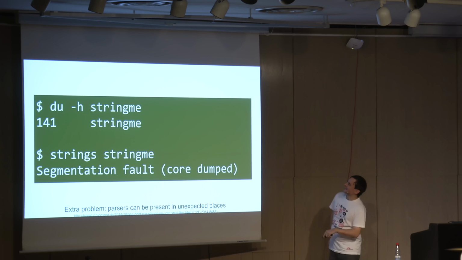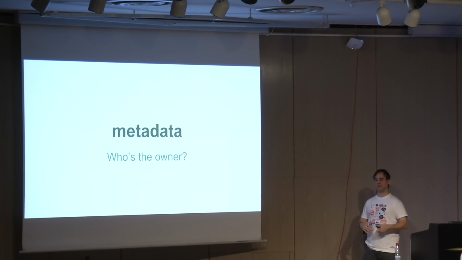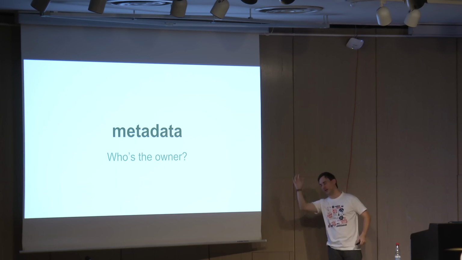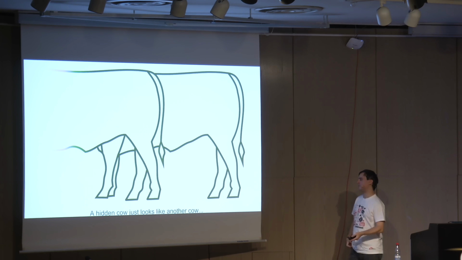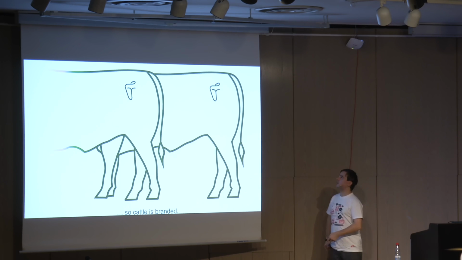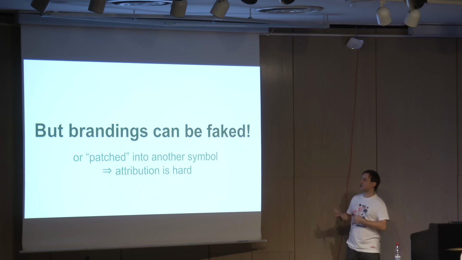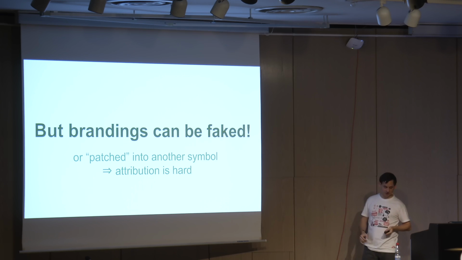Who opened my slides? Okay, just a little parenthesis on metadata, but you know people like to attribute, oh, there's a Chinese string here, oh, it must be China, or North Korea, yeah, why not? So cows and metadata, because you cannot see the head easily, then you just brand the cattle with a branding, and the problem is these branding irons can also be faked, or patched into another symbol, like you extend the sign on the cow to look like something else, and the conclusion is that attribution is hard.